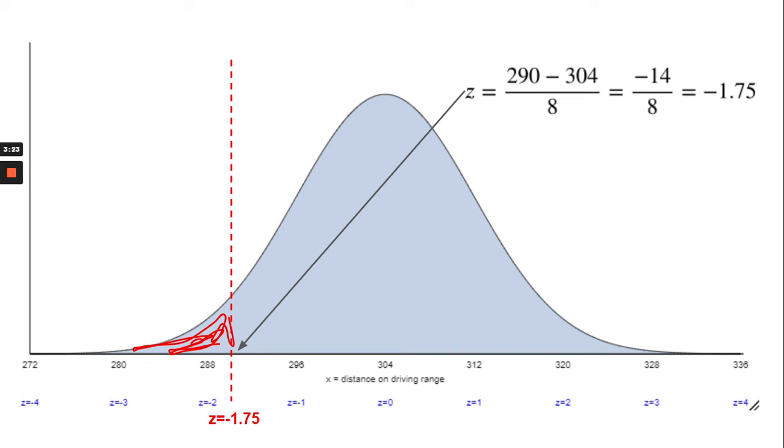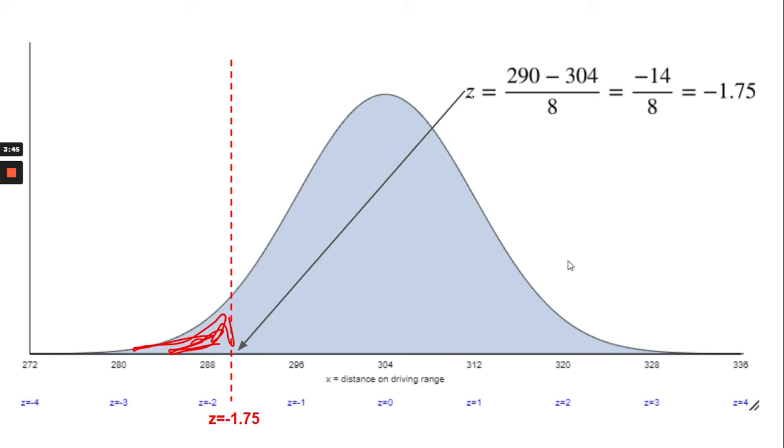So it's negative 1.75 or 1.75 standard deviations below the mean. So it falls between those two. It's not exactly half. It's actually further. But the reality is that's a curve. So even if it was half, I can't just split that area in half because it doesn't work.